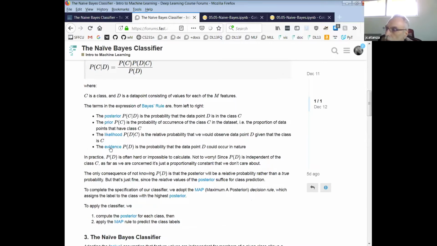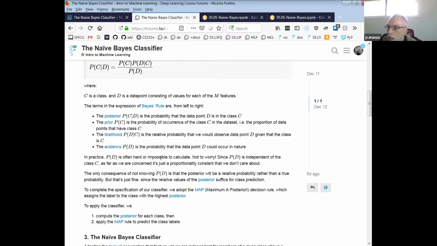That's called the likelihood. And then the evidence is the denominator P of D, the probability that data point could occur in nature, irrespective of class. The denominator is something we generally don't have to worry about, because sometimes it can be calculated but often can't.